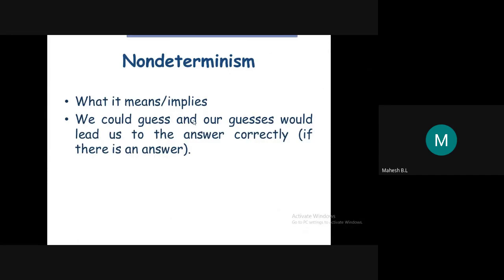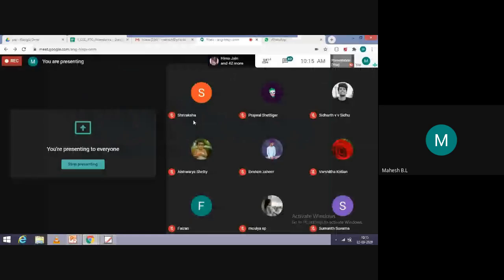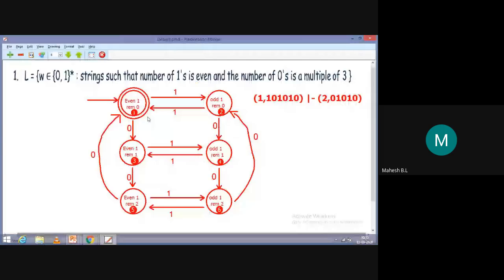There was no confusion in a DFSM. For one state and one symbol, there is only one possible transition. Consider this example. For state 1 on input symbol 0, you have only one transition, from 1 to 3. You don't have multiple transitions. Similarly, for state 1 on input symbol 1, only one transition.